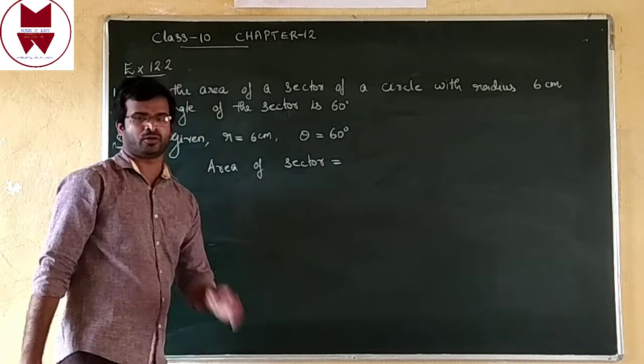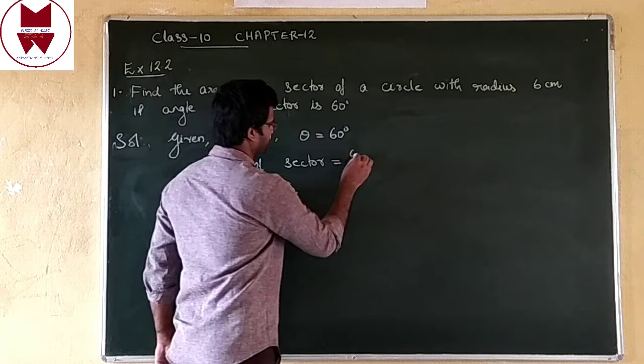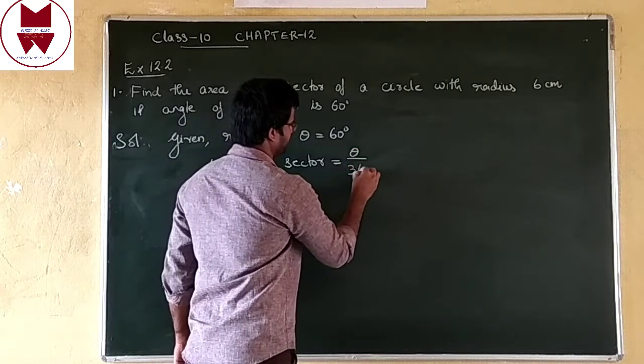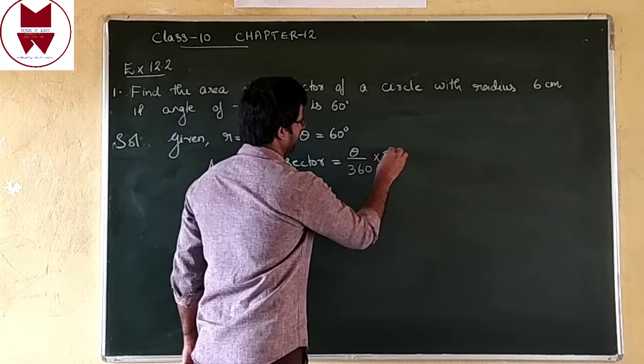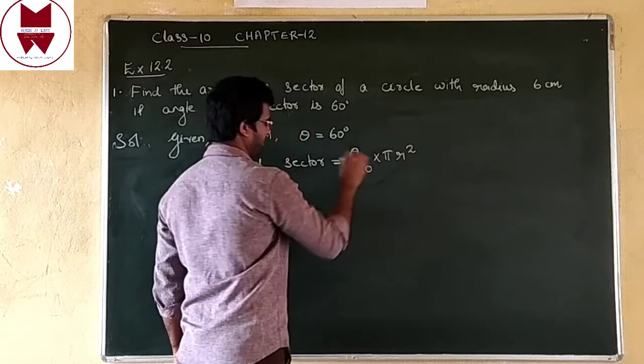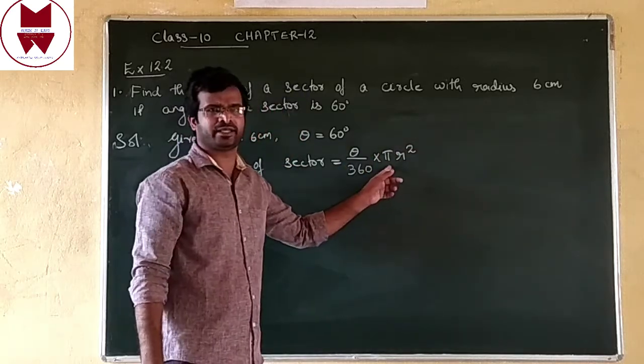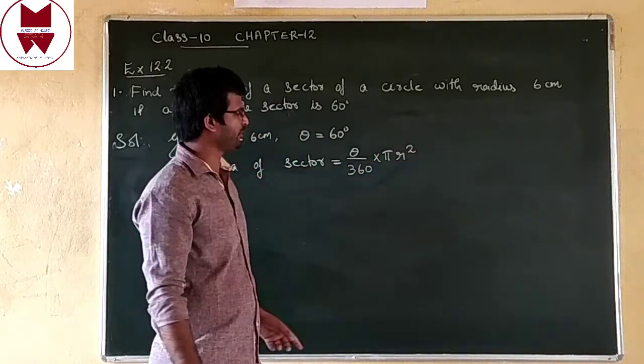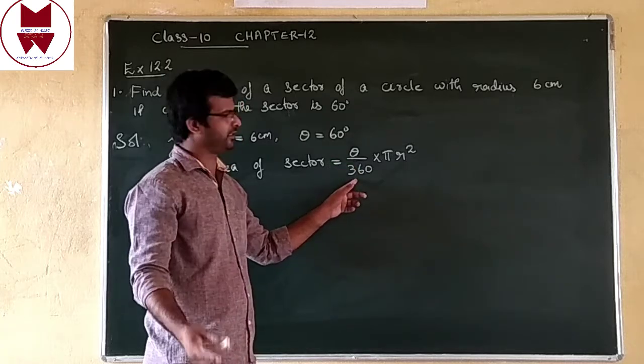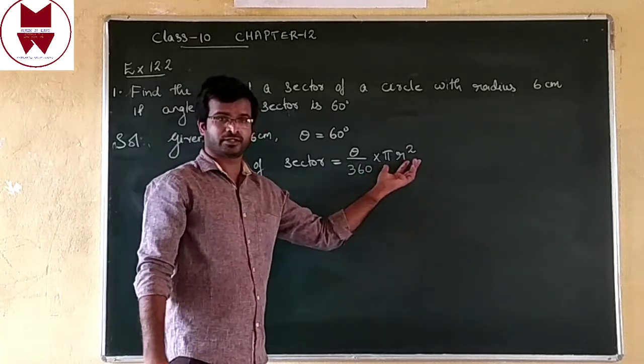Area of sector, we already studied one formula, that is theta by 360 into pi r square. Theta by 360. This pi r square is area of circle, isn't it? Very easy to remember. Theta by 360 only is extra.